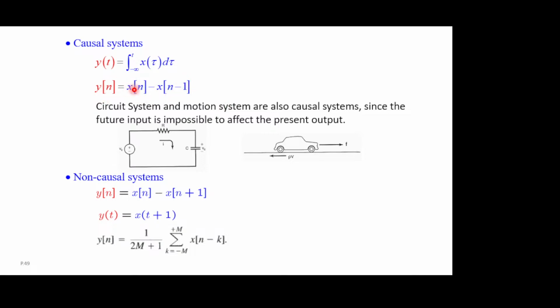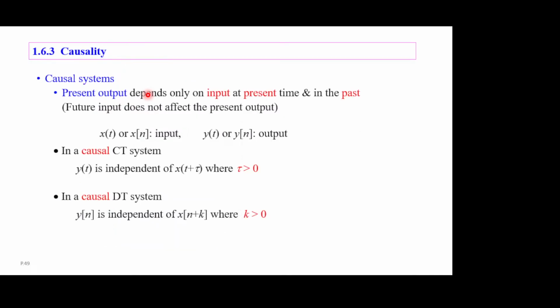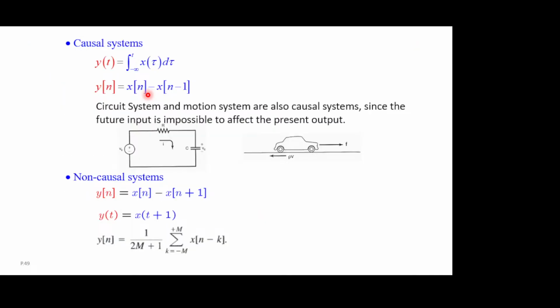If y of n is x of n minus x of n minus 1, then you only depend on x of something less than n, and that's causal.